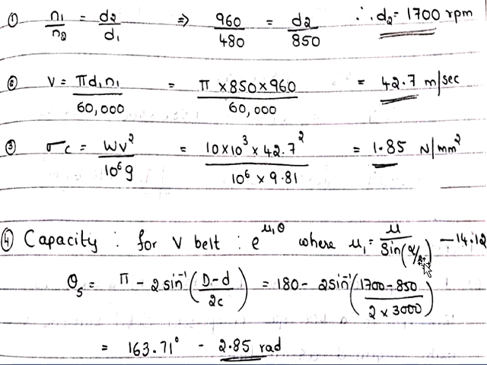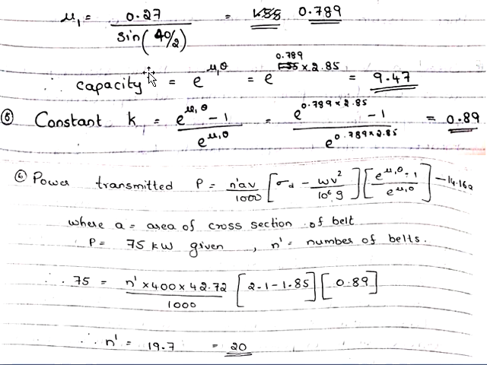Mu 1 is equal to mu divided by sine alpha by 2. Calculate theta s. You will get theta s as 163.71 degree. Convert that into radian. Also calculate mu 1 value. Mu is given in the question, alpha is given. You will get mu 1 as 0.789, which is slightly greater than the given mu value.